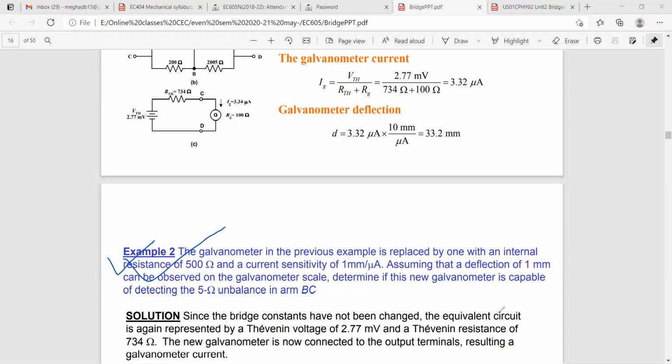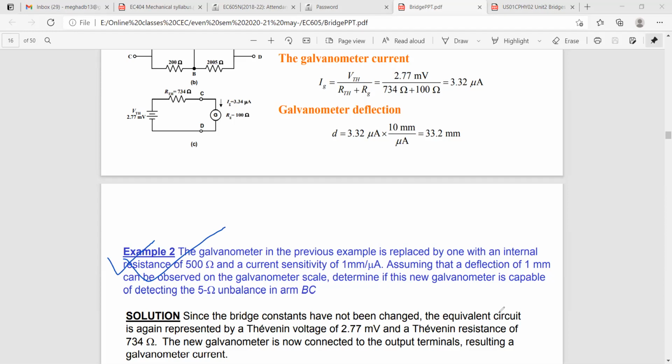The galvanometer in the previous example is now replaced by one with an internal resistance of 500 ohm and sensitivity of 1 millimeter per microampere, and a deflection of 1 millimeter can be observed on the galvanometer scale. Determine if this new galvanometer is capable of detecting the 5 ohm unbalance in the arm BC. Okay, this is the question, you take it down.